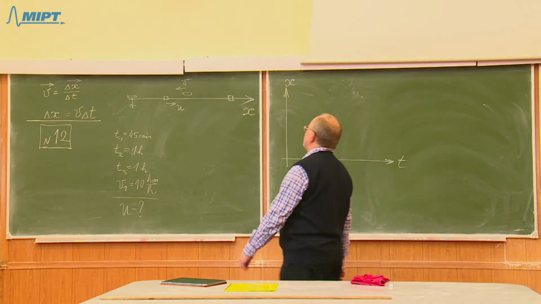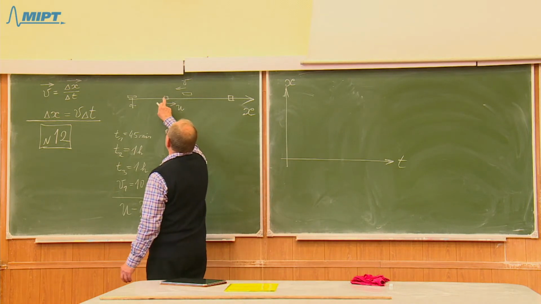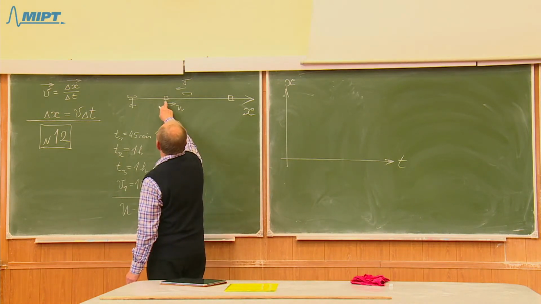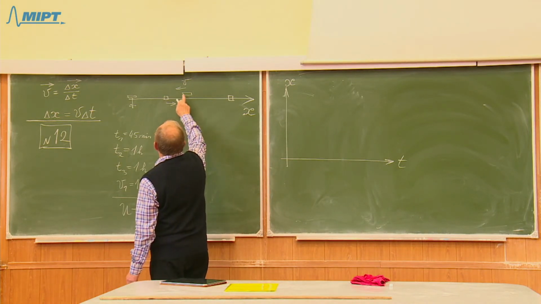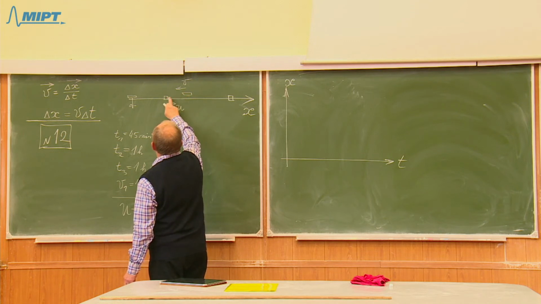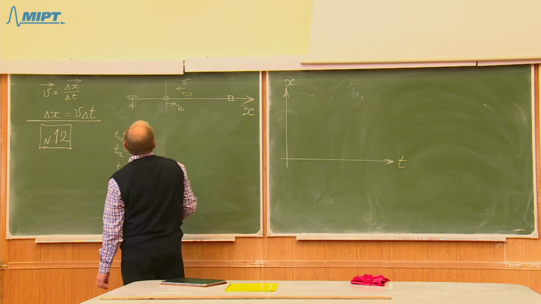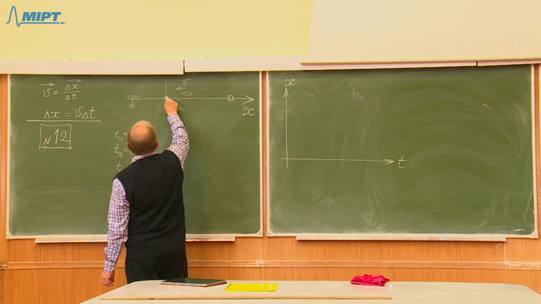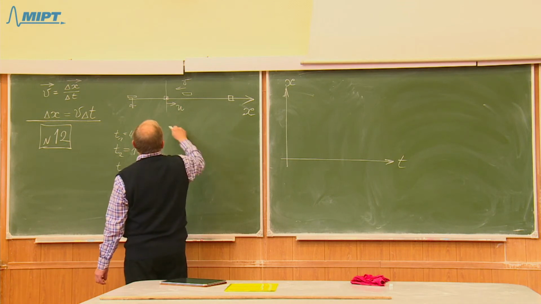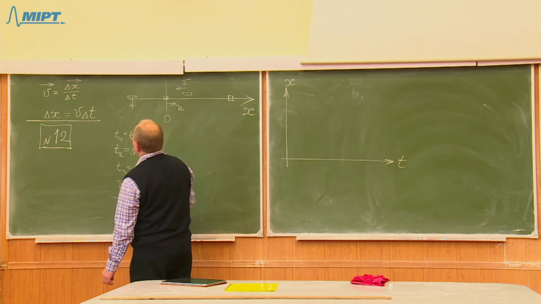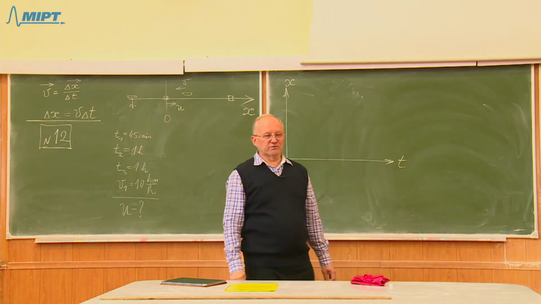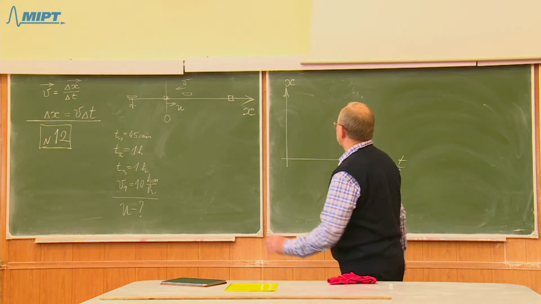First of all, let's consider the raft. At some initial moment of time, the motorboat met the raft at this point. Let this point where they met first be the beginning or the origin from where all the distances are calculated. So that will be the zero marker, zero position along the river.